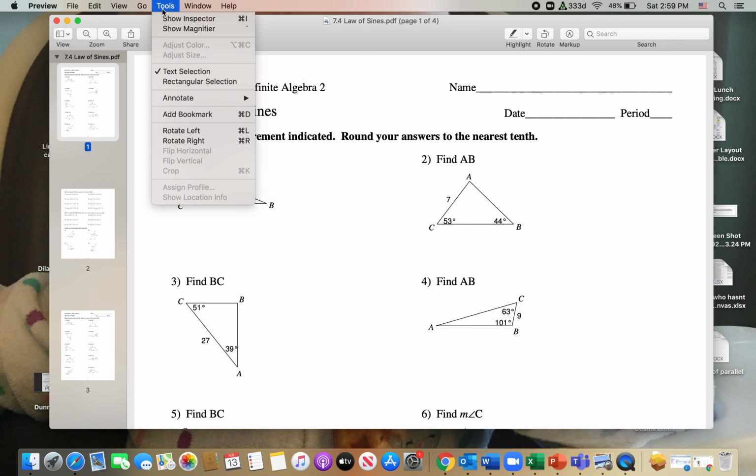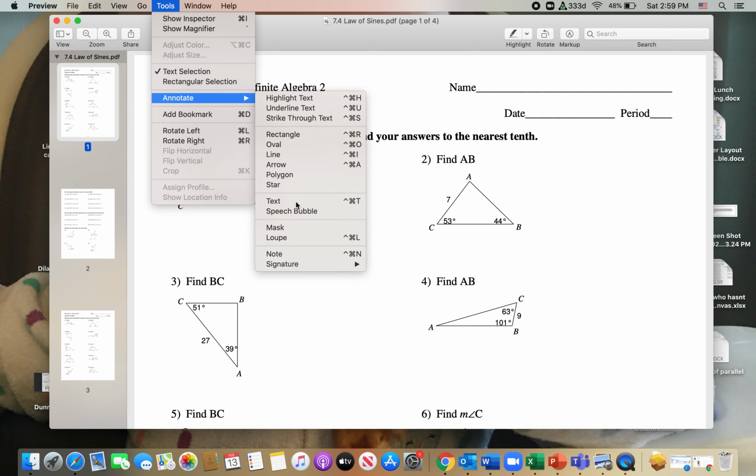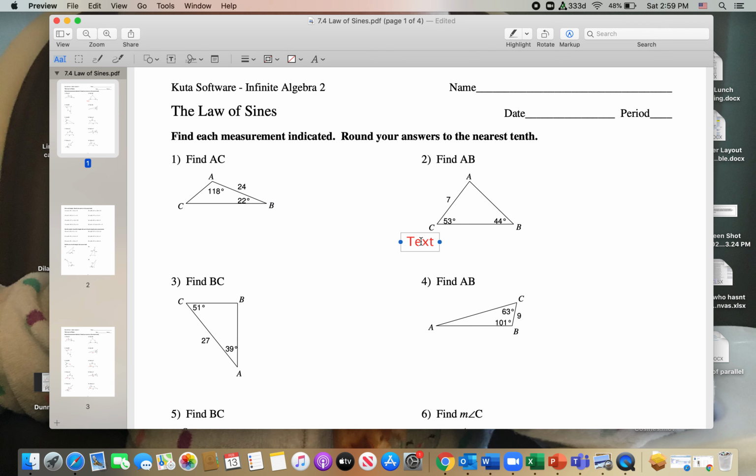So if I go to my tools to show my work, because I should always show my work, I start with 180, I subtract off 22, and I subtract off 118. 118 plus 22 is 140, so it equals 40.